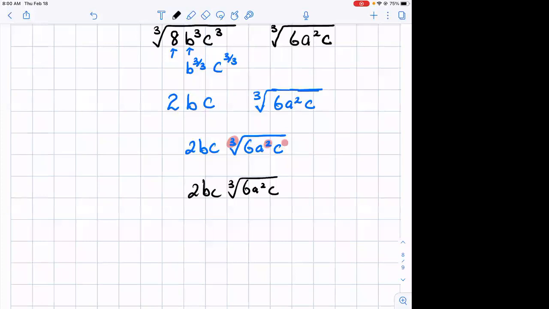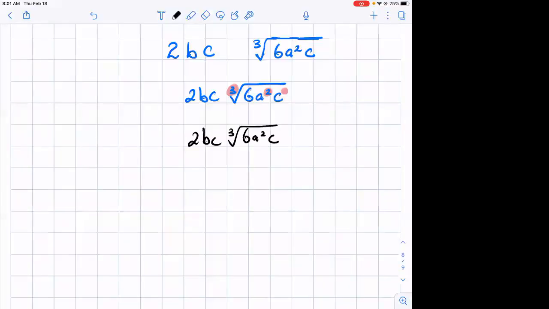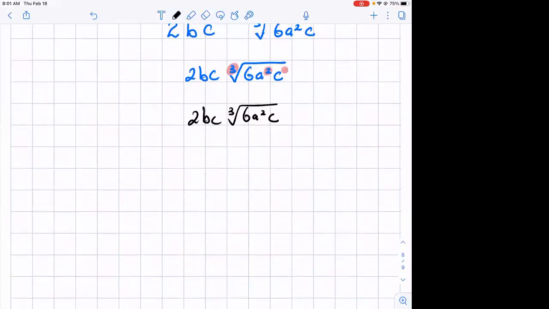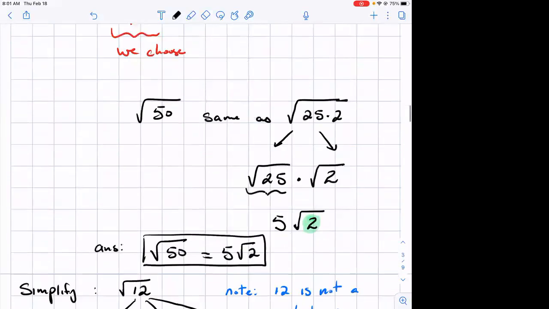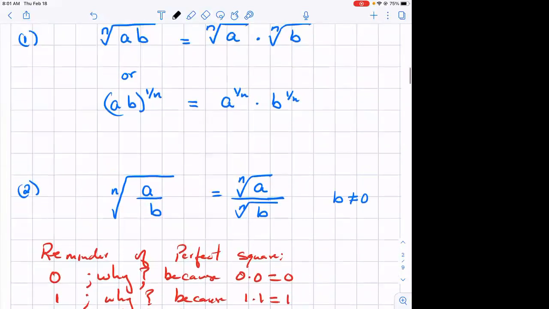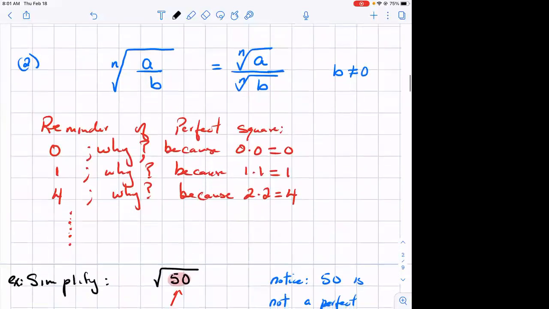Now, we haven't looked at any example using, if you recall from the beginning of the video, another property, when we're dividing. So let's look at some examples for when we're dividing.